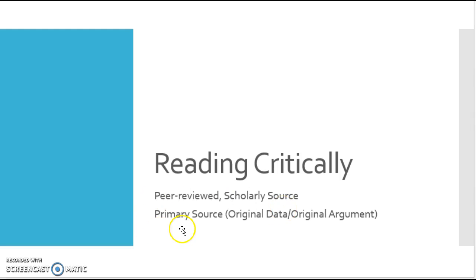This is a source that we would consider primary, meaning that it includes original data or an original argument, where the author has conducted research or constructed their argument and utilized evidence from other scholars and examples from the social or cultural context as evidence in that argument.